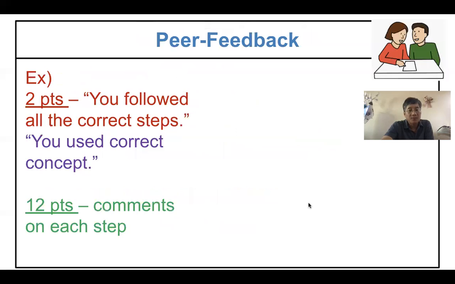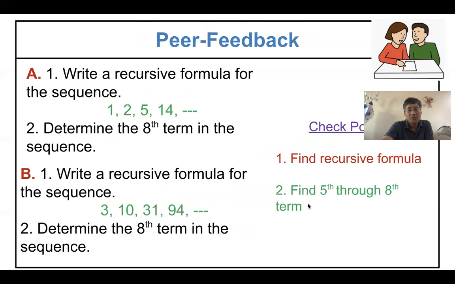So I will give you 2 examples. Can you try by yourself? 1, 2, 5, 14 for A. 3, 10, 31, 94 is B. Done? Then can you check your answer with this?